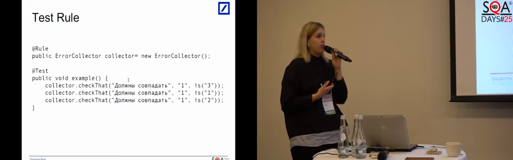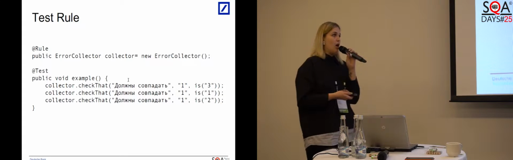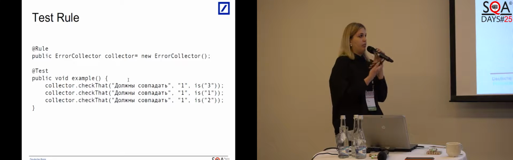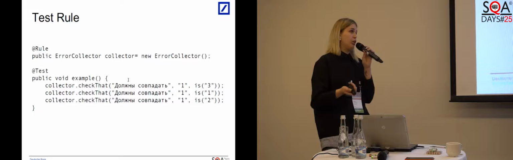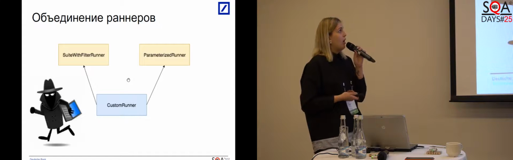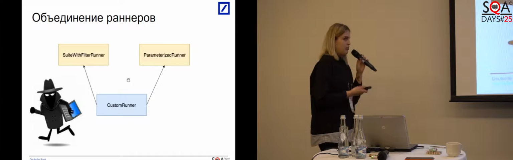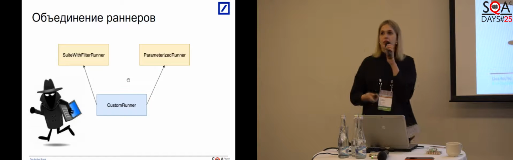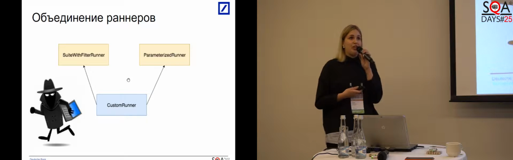But the problem with test rules is that you need to declare them inside of the test. You cannot declare the rules beforehand. That's why, as a matter of fact, test rules change the logic only of the test you are running right now, which is not really convenient. In order to add additional logic for parallelization of tests or filtration on the basis of tags, in JUnit 4 they have test runners.